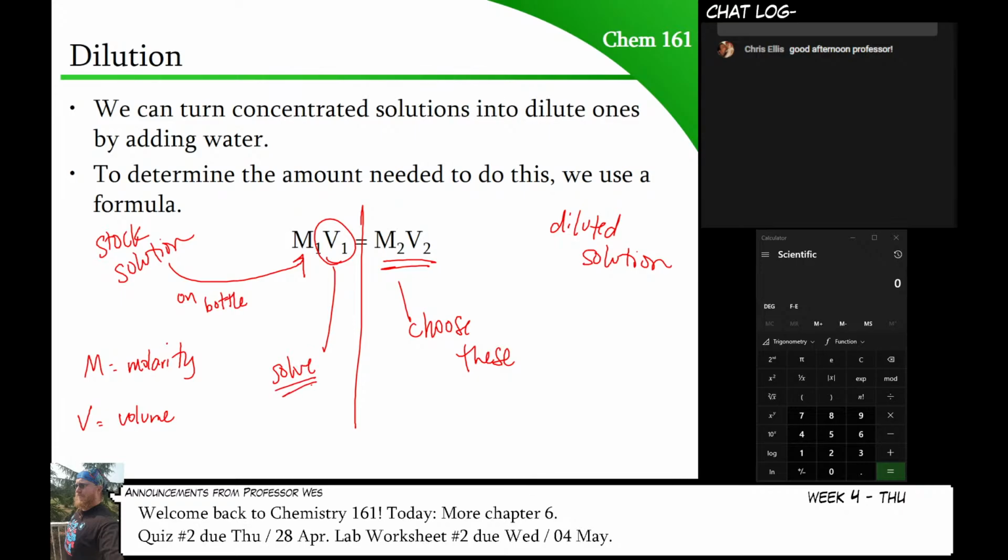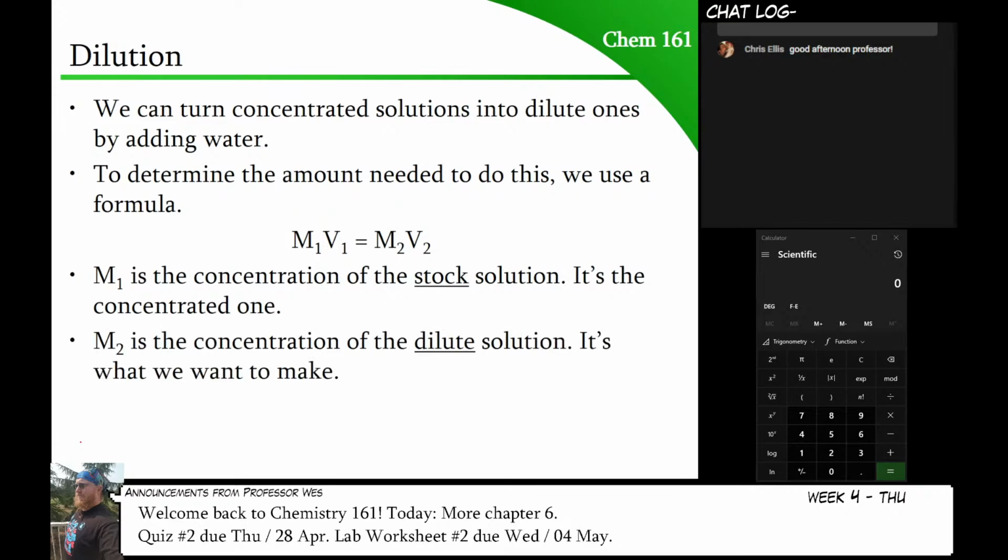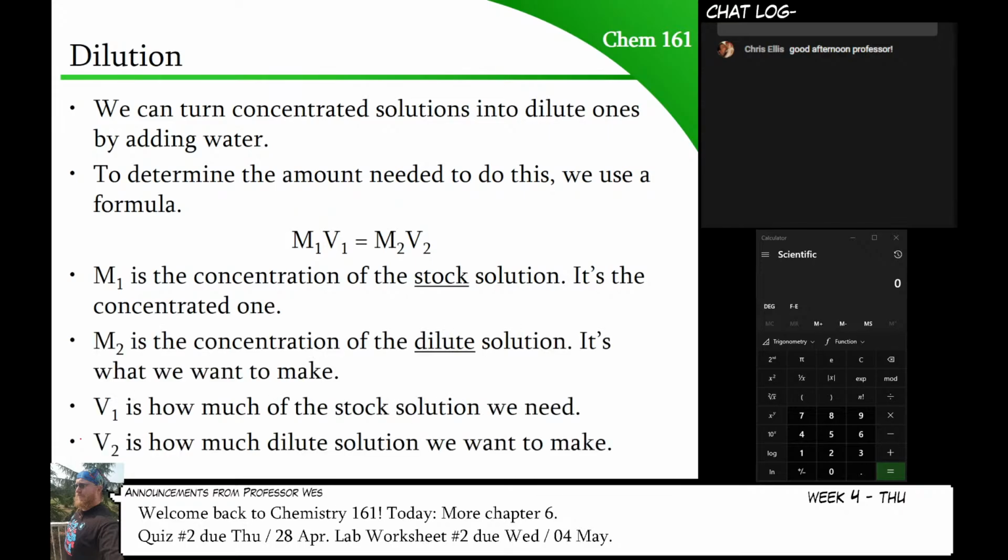So this is the general procedure for doing any dilution. Choose what molarity and volume you want to make. And then based on the stock solution's molarity, you calculate the volume of stock solution that is necessary to do the dilution. All right. This should all be review from Chem 140. Here is just all of that written out on the slide here.